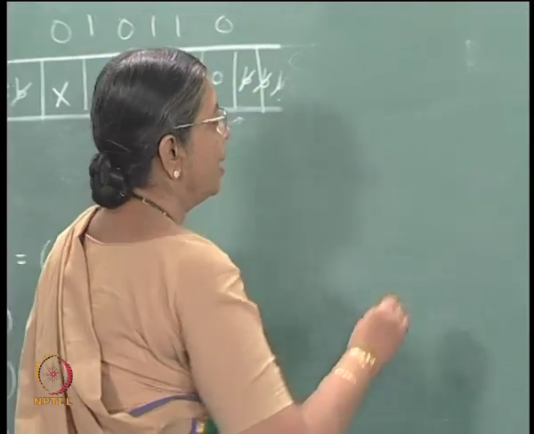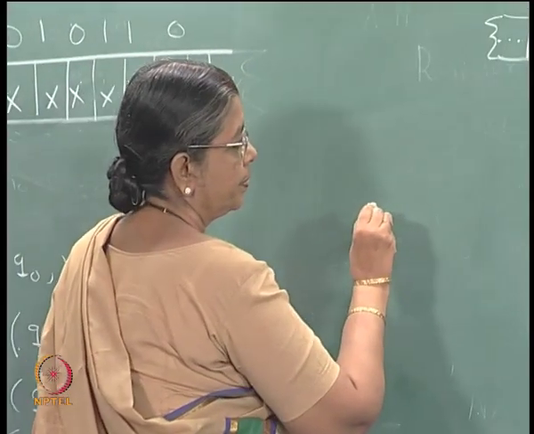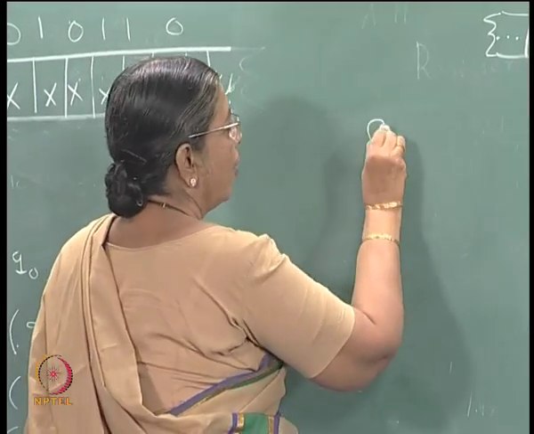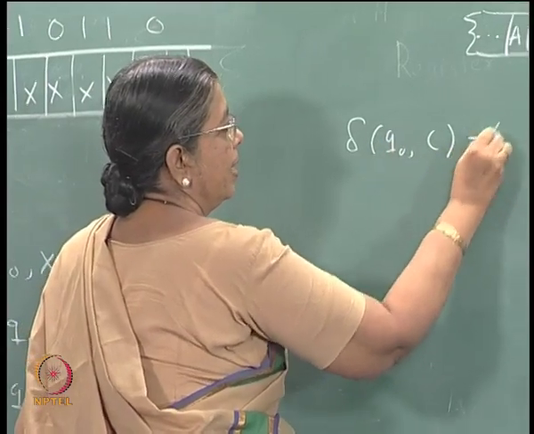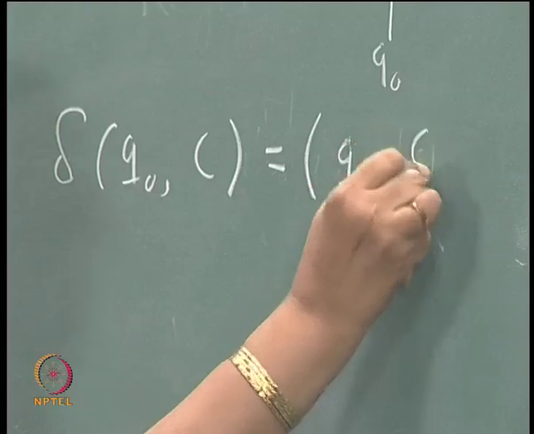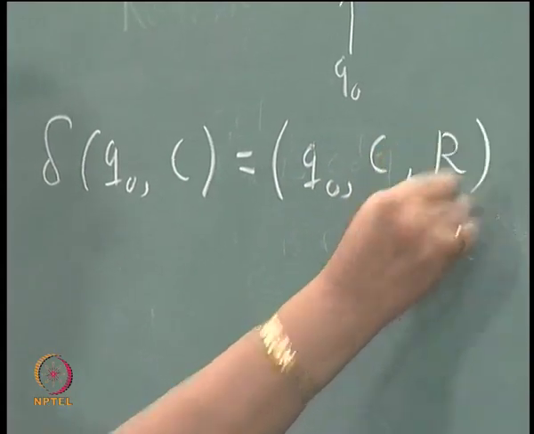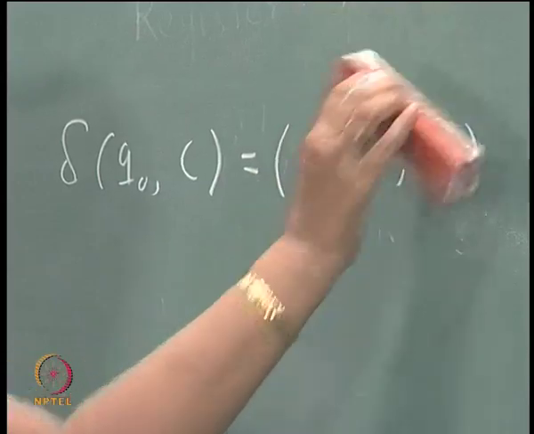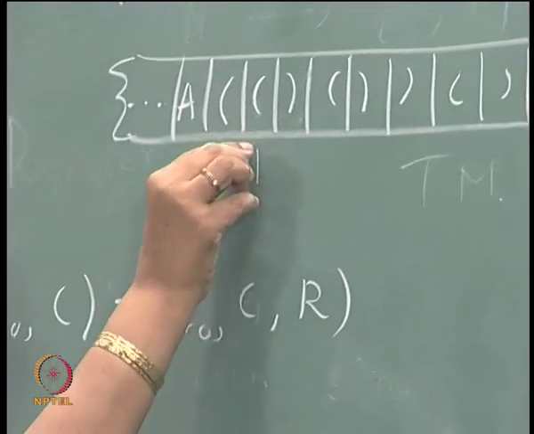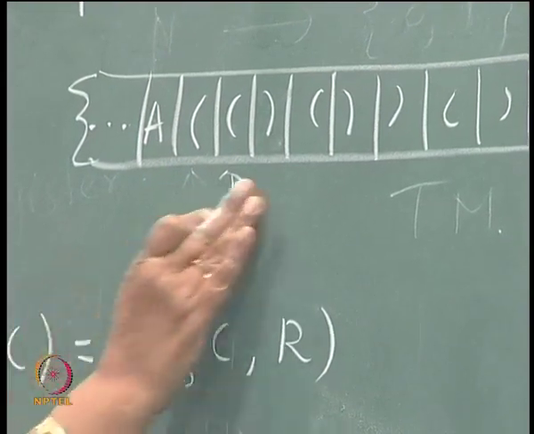So, the mappings will be like this: delta of q0, left parenthesis is q0, left parenthesis, R. So, it just moves right in q0, and again the same mapping will be there.